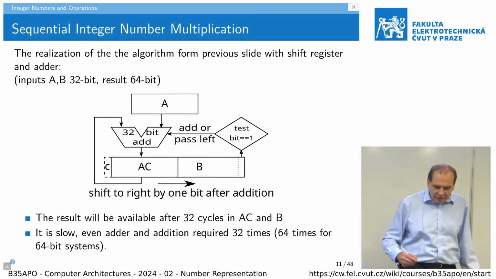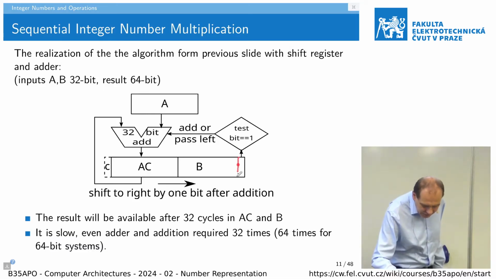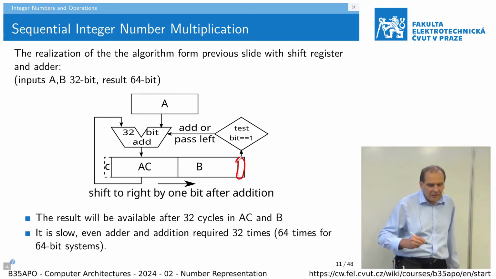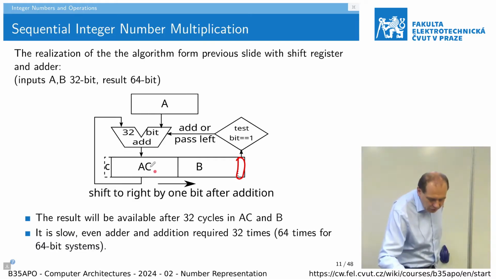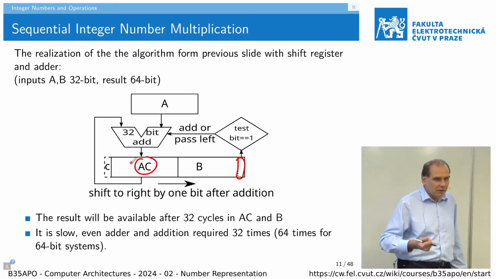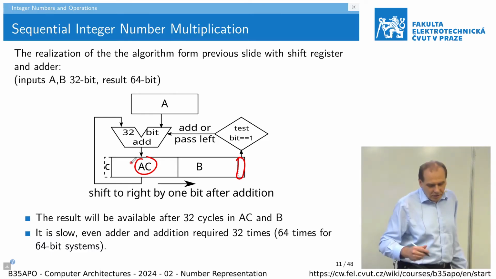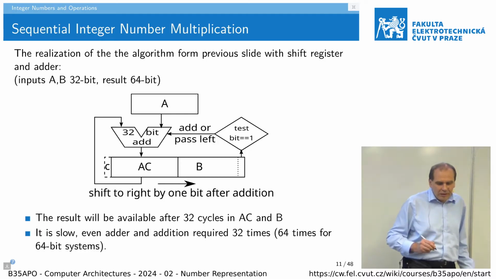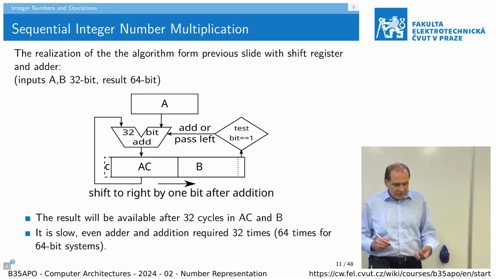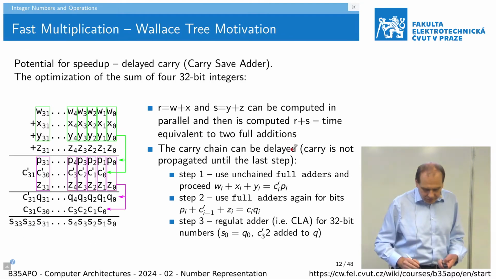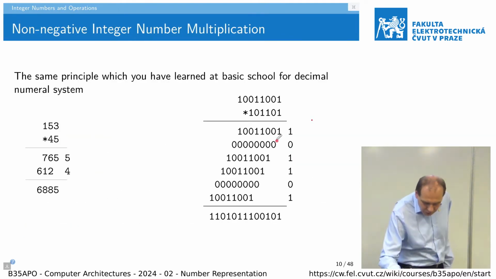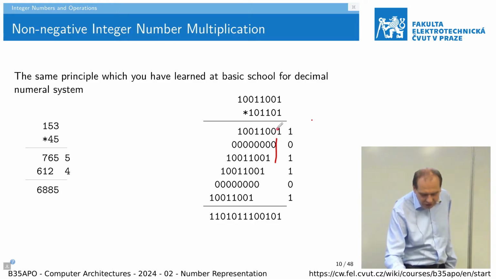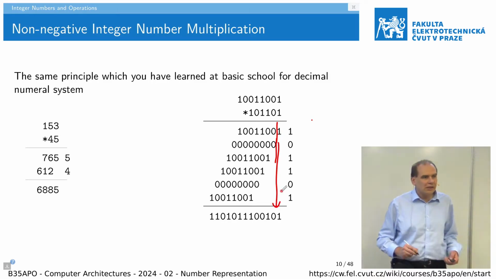And what we know, if the least significant bit of B is 1, then we want to add the value to the AC, because this value should be added to the result. Then we know that we will never need to add to those bits, because at the moment when we have solved this multiplication, this one is already a bit which fits into the result.